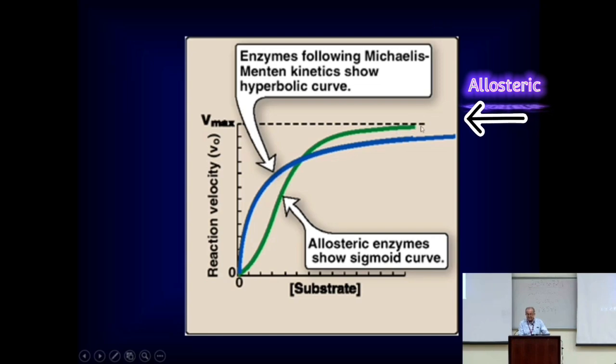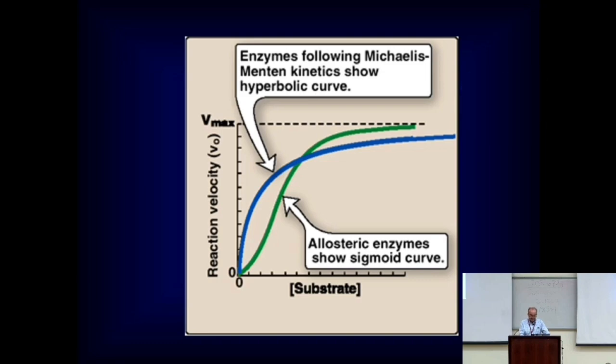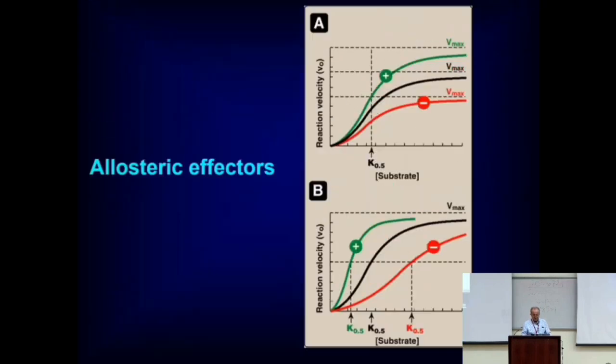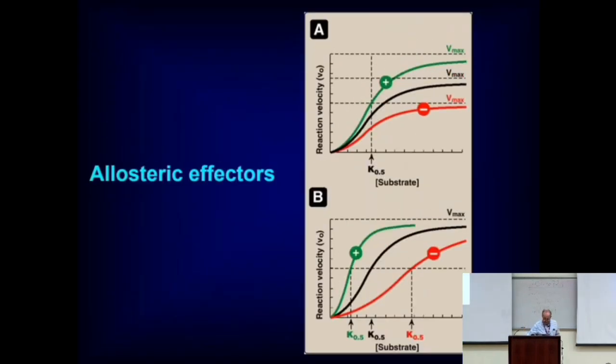That means this enzyme is regulated by small organic molecules that are not the substrates, distinct molecules that bind to an allosteric site and change the velocity of the enzyme. So I'm going to talk about the allosteric enzymes right now and then go back to the Michaelis-Menten.